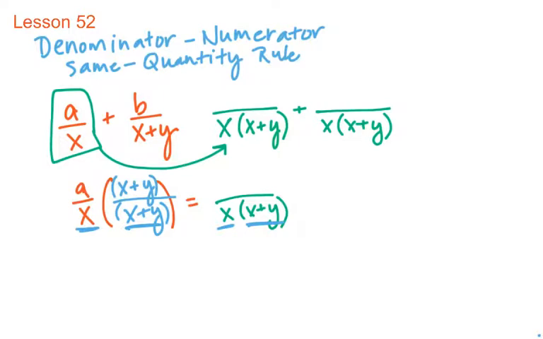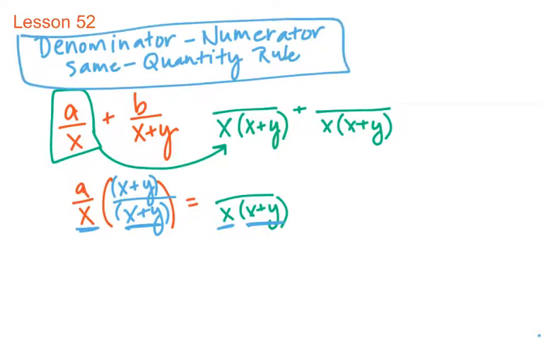And this is the example of this denominator-numerator same quantity rule. We are allowed to multiply this denominator by anything as long as we're multiplying the numerator also by that same thing. And we made the decision to use the x plus y because that's what we needed to add to this x to create our new common denominator.